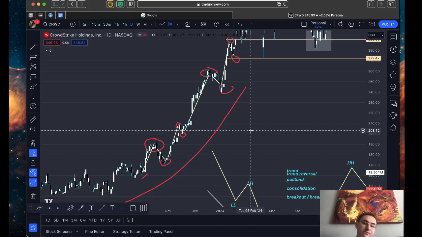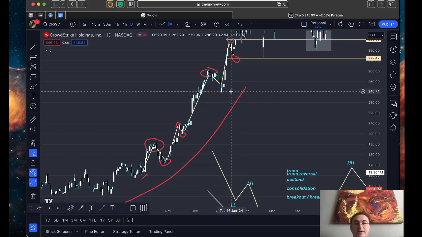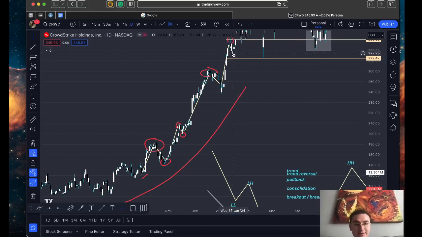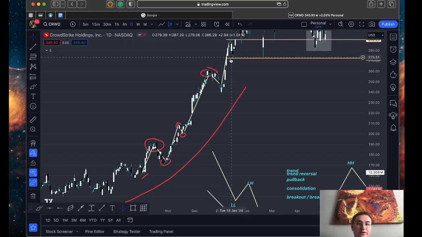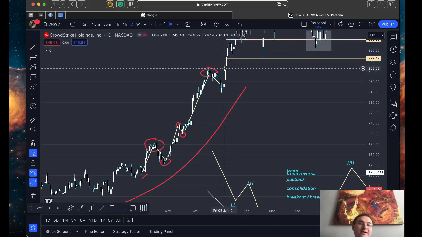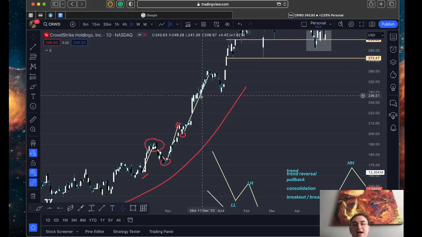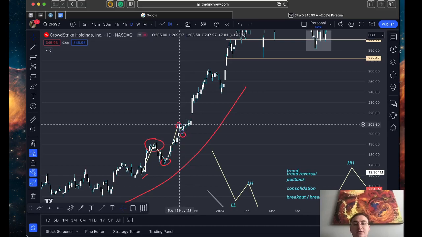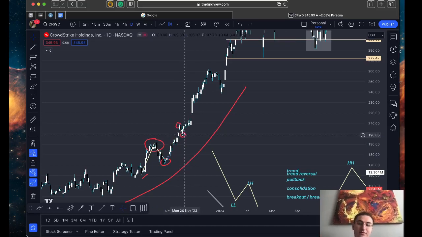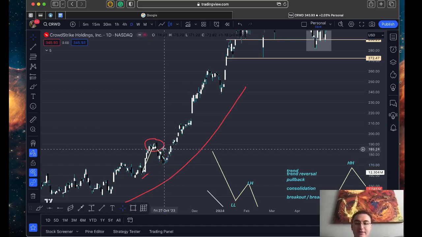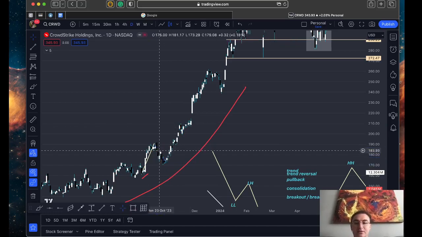Now, the reason why we care to identify the trend, and why I put so much emphasis on it in the trading system, is because you want to trade in the direction of the trend. If we're just looking at the chart here, the odds of you making money, and making significant money, importantly, are so much higher than betting on the downside.